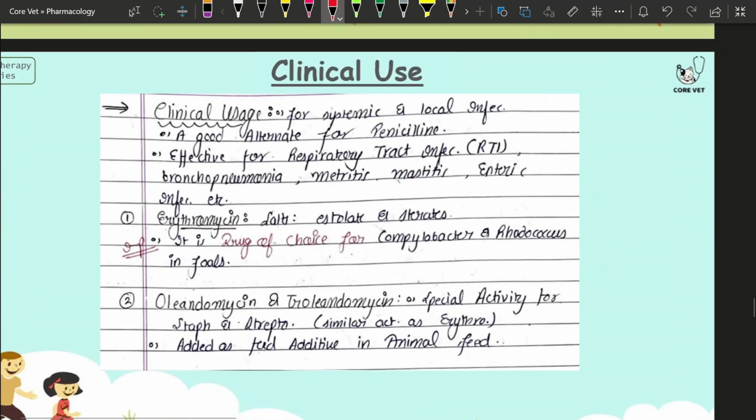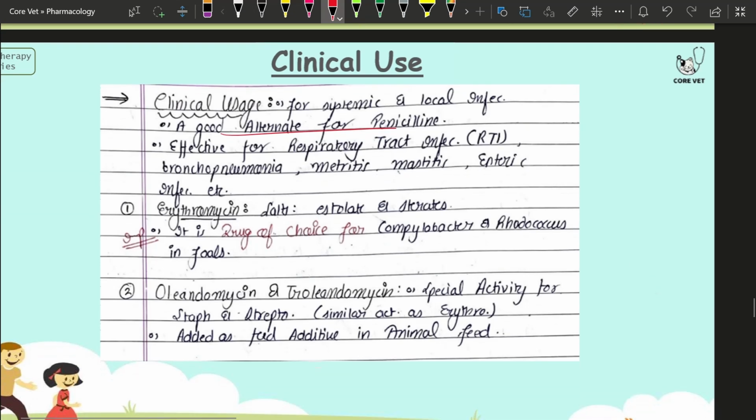Now talking about the clinical usage of the macrolides. They are a good alternative to penicillin, because penicillin was also mainly effective against gram positive, similar to the macrolides, right?